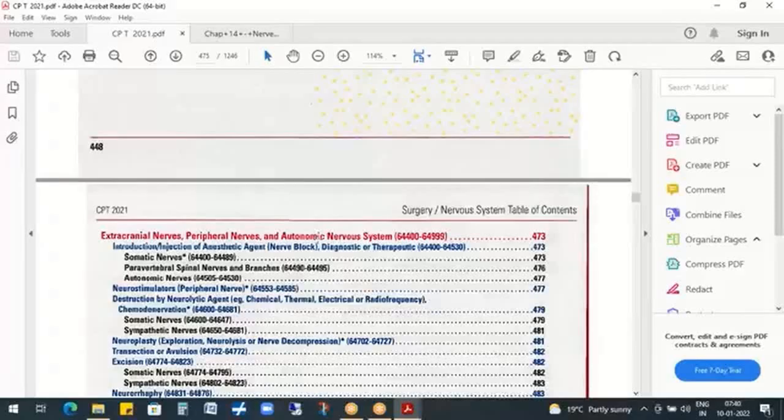Next one, transection of nerve, that means removal.